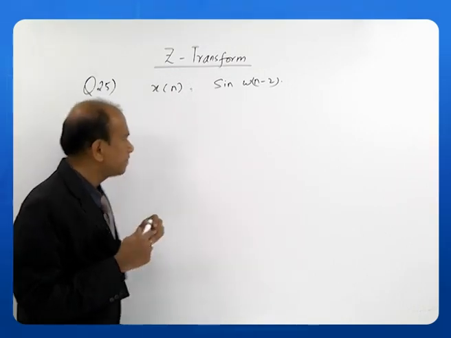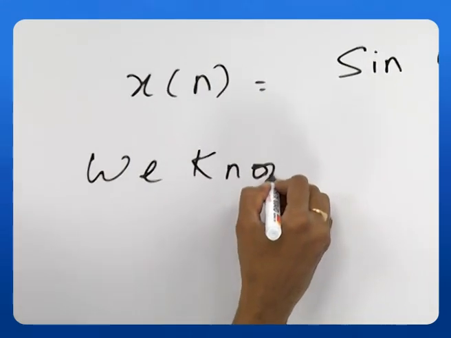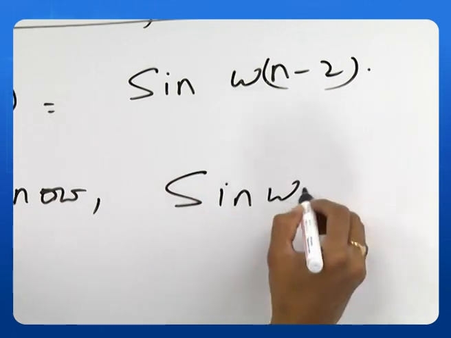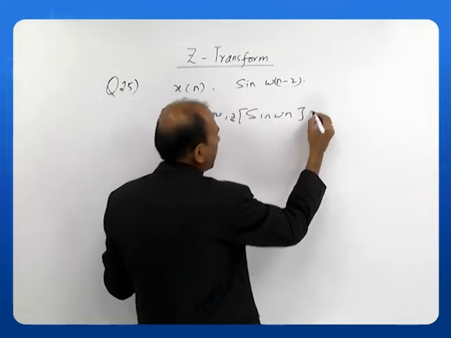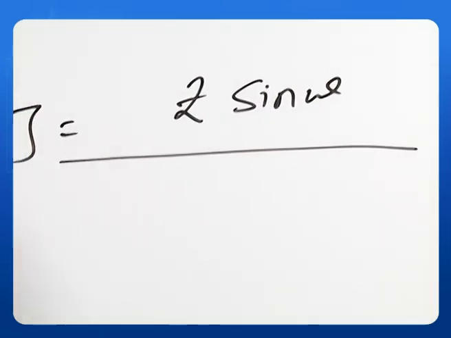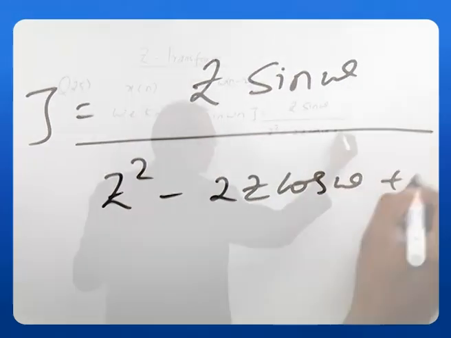So let's start this. Okay. So let's start with what we know. Okay, we know sine omega n, z transform of this is given by what we remember, what we have done earlier. This will be equal to z sine omega by z square minus 2z cos omega plus 1.